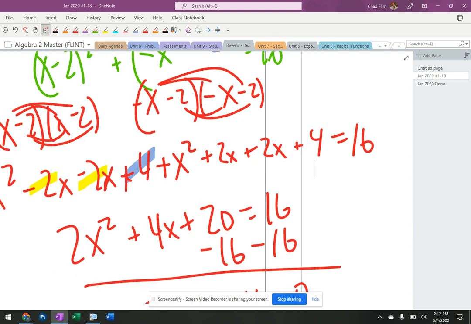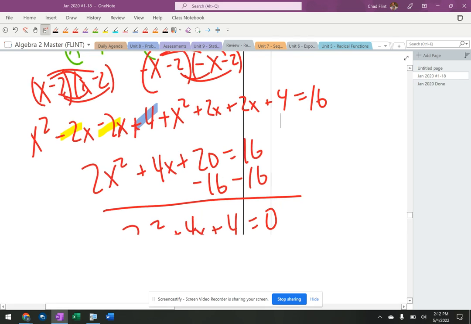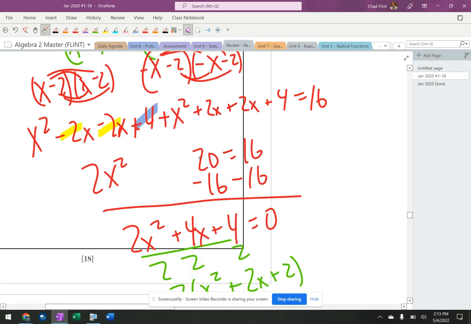Yep. So then that changes this. The 2x squared is still fine. All of those x's cancel out and they're gone. And then it's just 2x plus 8.